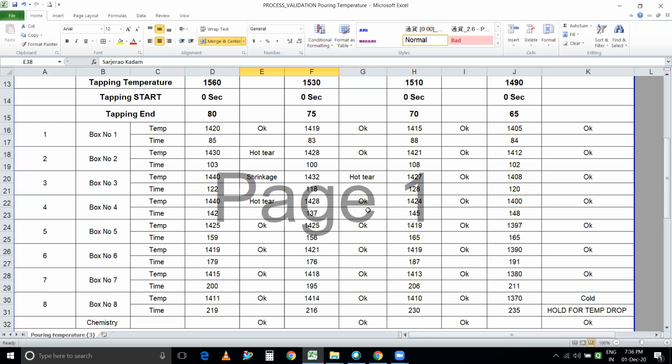Third benefit: if I cannot get 8 boxes or any typical number, that X number of boxes, and my furnace is not emptying for that typical X number of molds, then I have to think about extra mechanization that can keep the pouring temperature for a typical time.